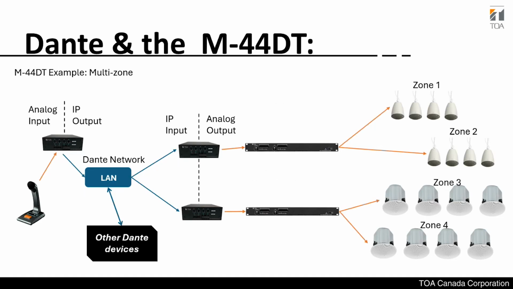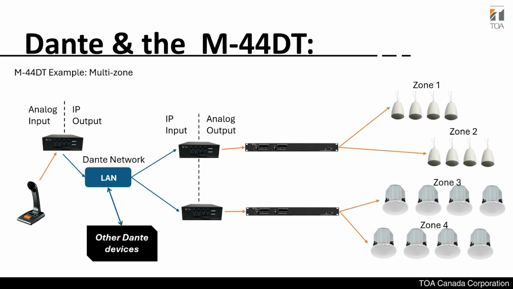Here's another example with the M44DT. We can see in location one where the analog input is. We use a very standard basic analog microphone, which we connect to the M44DT, and then we connect that device to the local switch, which distributes the audio through the network to the other two M44DT units, where we can see the audio out.